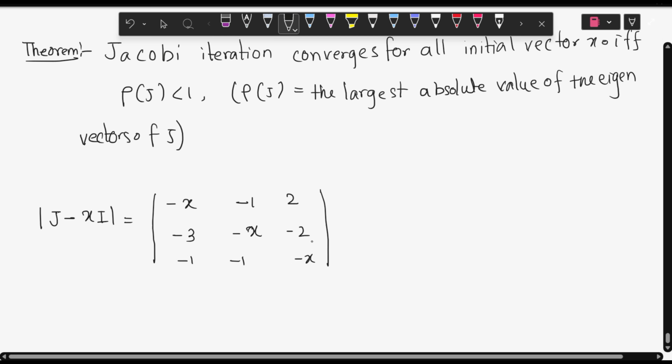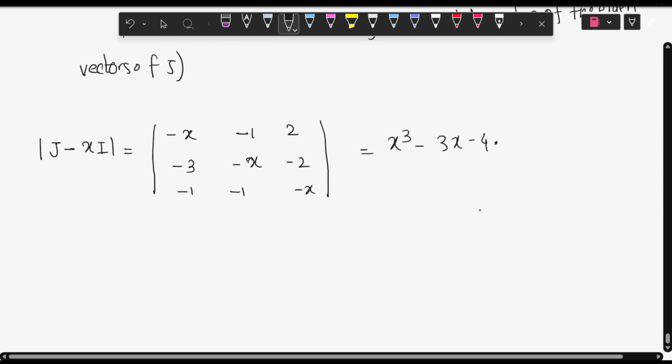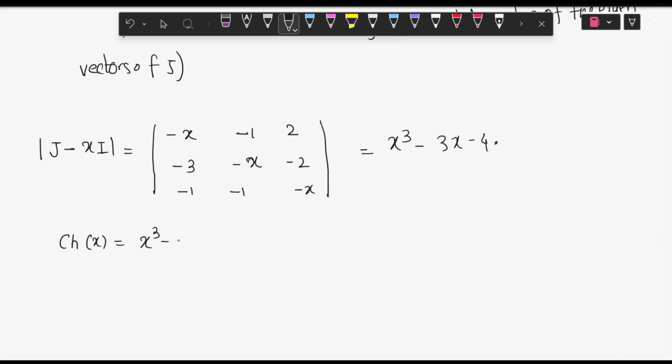If you expand this, you would get lambda cube minus 3 lambda minus 4. Therefore the characteristic polynomial is lambda cube minus 3 lambda minus 4.